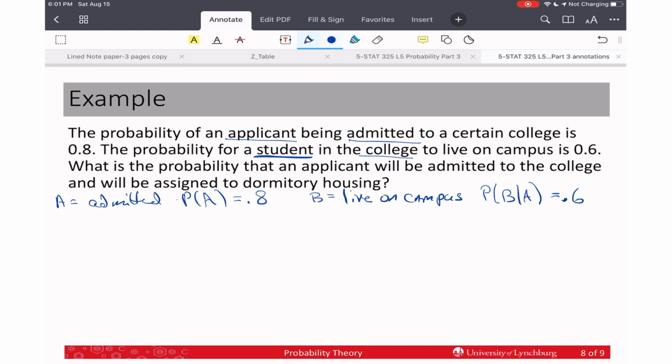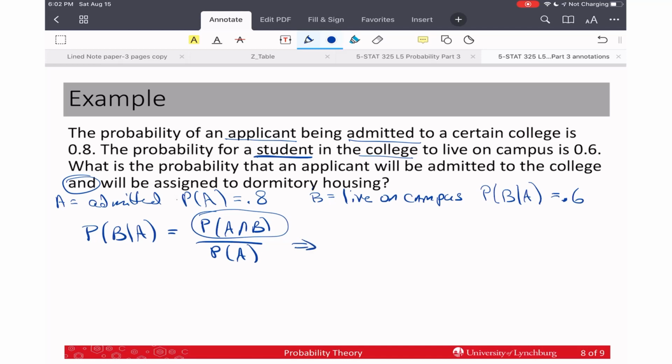And they've asked what's the probability that an applicant will be admitted to the college and be assigned to dormitory housing. I've given you a keyword: and. So what I'm doing here is I've got the probability of B given A is equal to the probability of A and B over the probability of A, and I'm looking for this quantity. So I'm going to multiply both sides by the probability of A. Since that's not 0, this is defined.